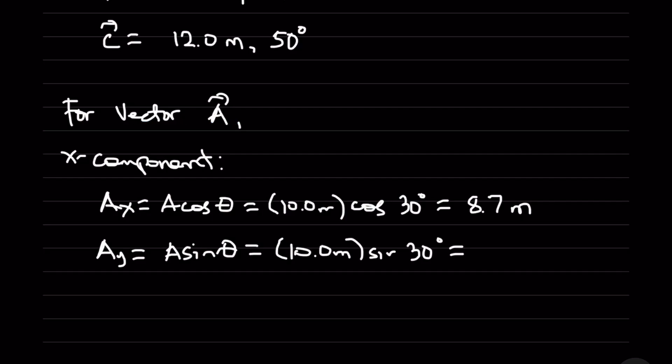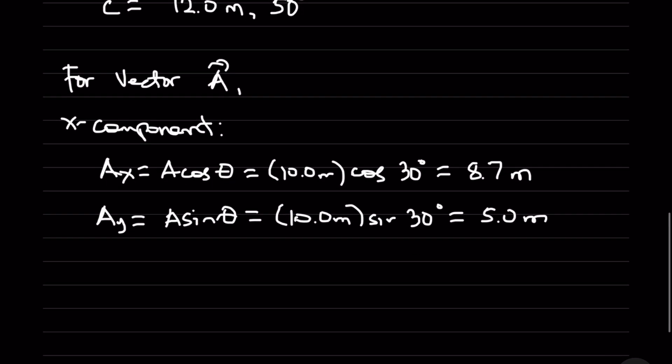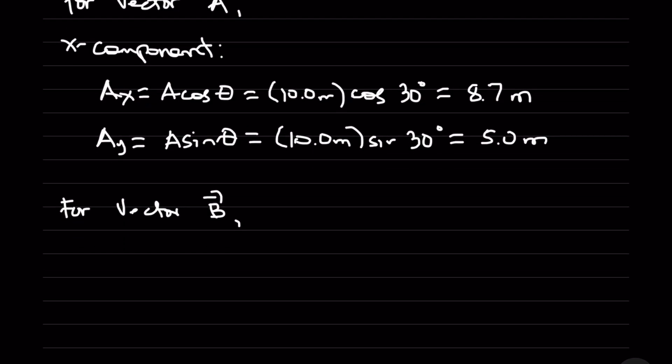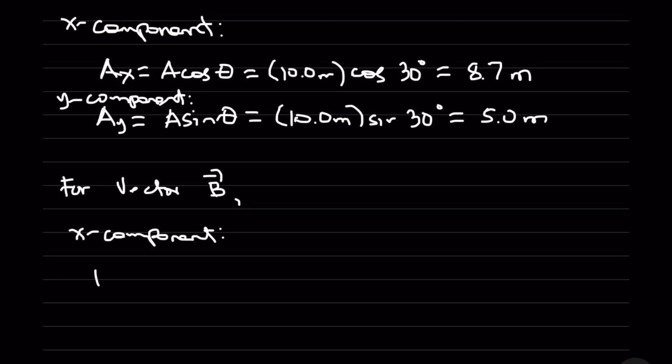So these are the x and y components of vector A. Similarly, for vector B, we use the same equation: magnitude of the vector times cosine theta for the x component. For the y component, we use the sine function.